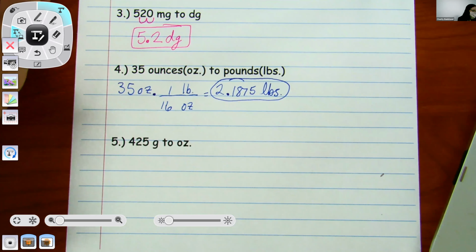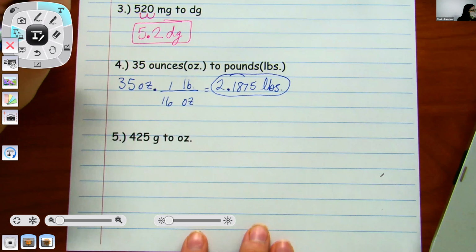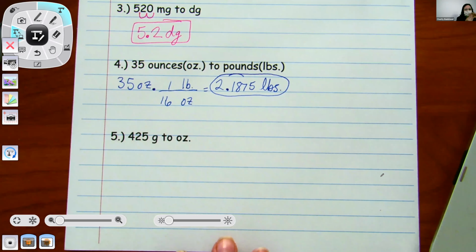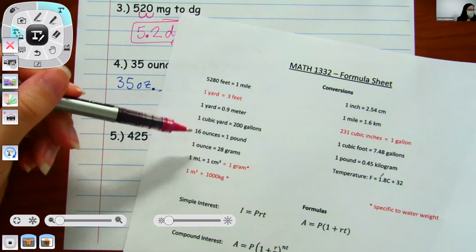Number 5, 425 grams, and we want to convert that to ounces. So 1 ounce equals 28 grams.